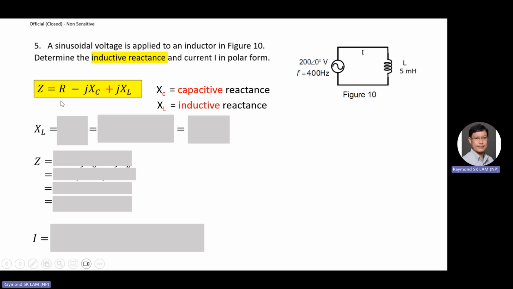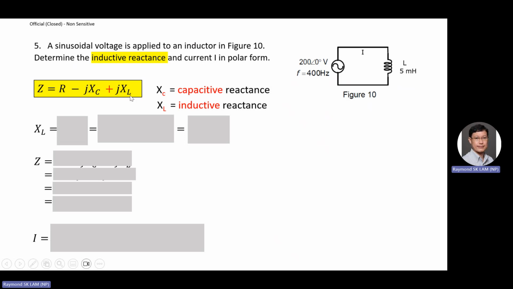And this is a final formula. Okay, just now I give you the formula is not complete yet. This is a final formula that can apply to all series circuit. And what I added here just now was minus JXC. Now the new thing is plus JXL.